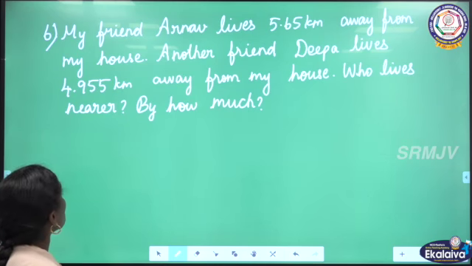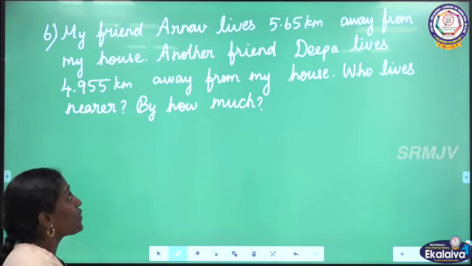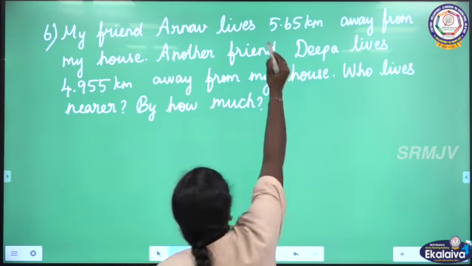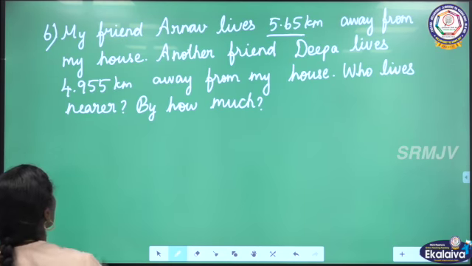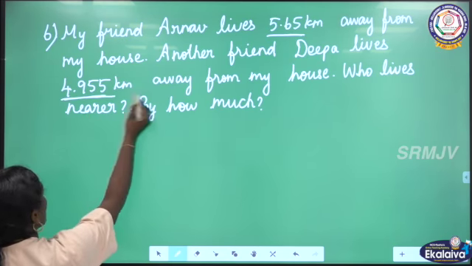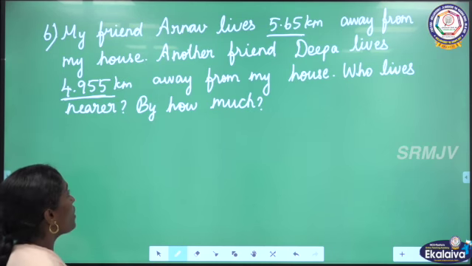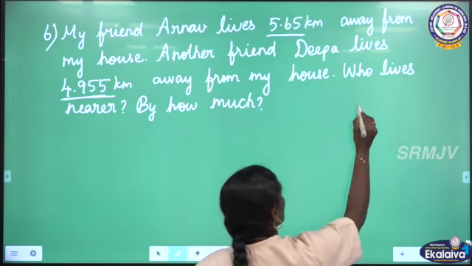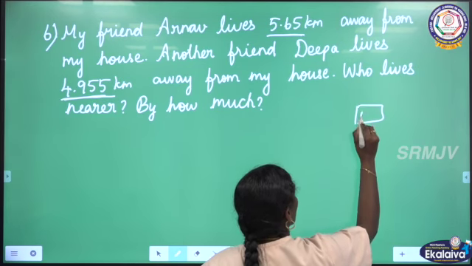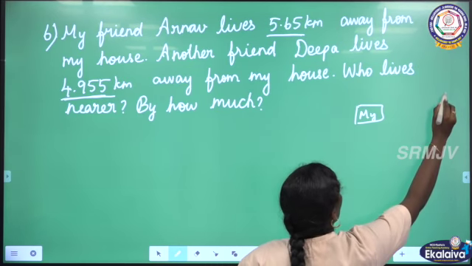The next question, my friend Arnav lives 5.65 km away from my house. Another friend Deepa lives 4.955 km away from my house. Who lives nearer by how much? Let us see. Here this is my house. Here Arnav.